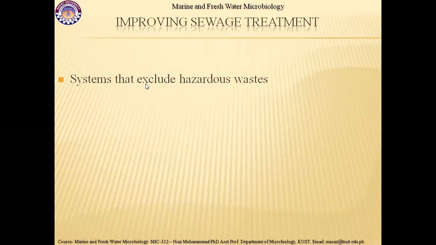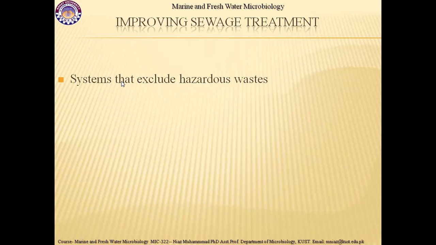Because in sewage water up to this stage, all sewage, either coming from industries, from homes, or from animal barns, is together and treated together. But such systems can be introduced which can separate the hazardous waste material from sewage water.